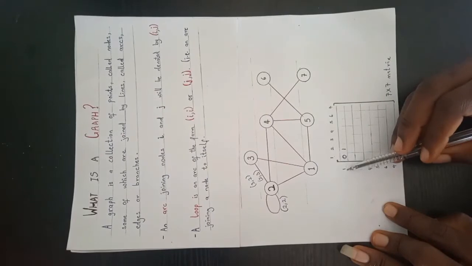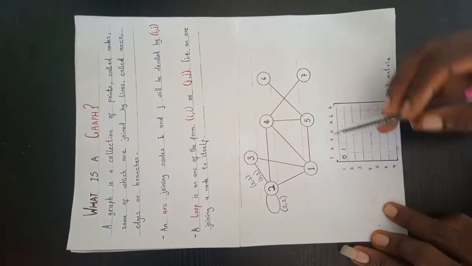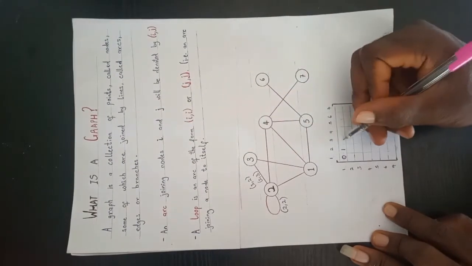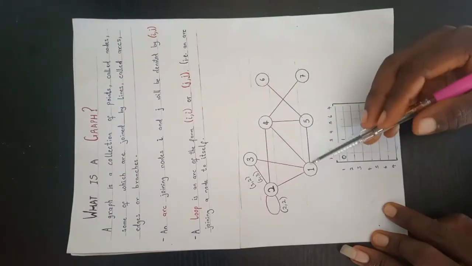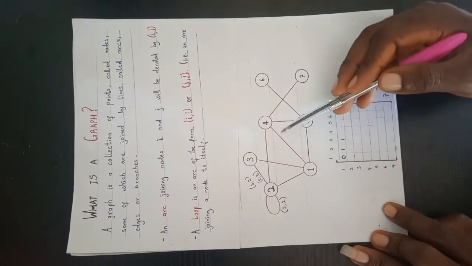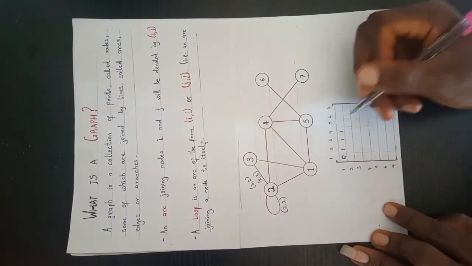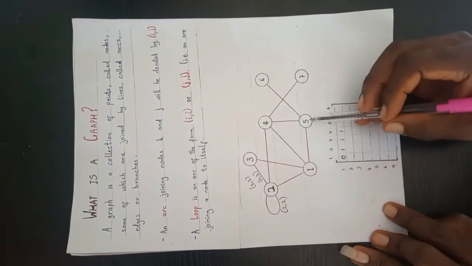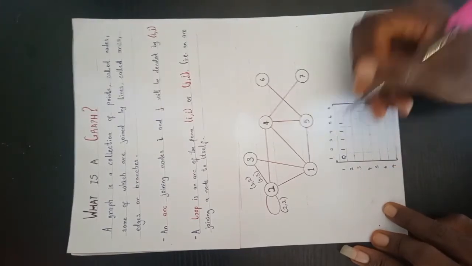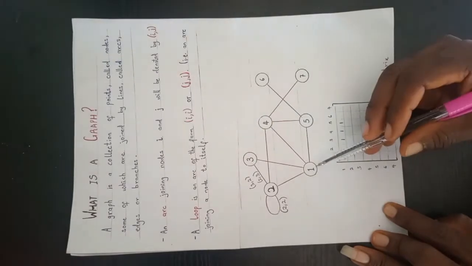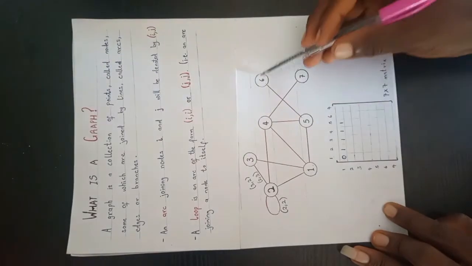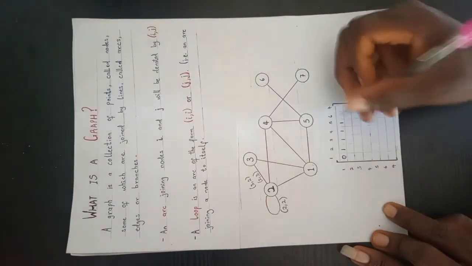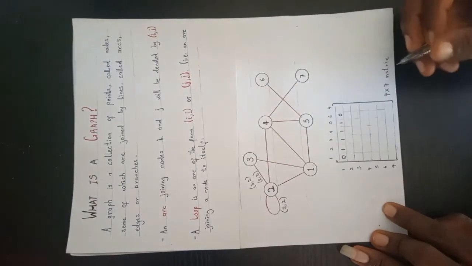Is there an arc connecting 1 and 3? Yes, and so we have 1 here also. Is there an arc connecting 1 and 4? This arc, and so we have 1 here also. 1 and 5 is connected, so we have 1 in our matrix. Now there is no arc joining 1 and 6, and so right here we'll have 0 in our matrix.